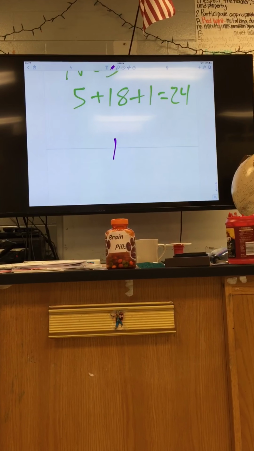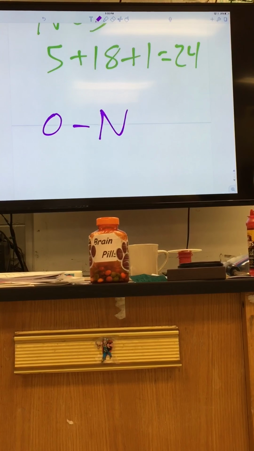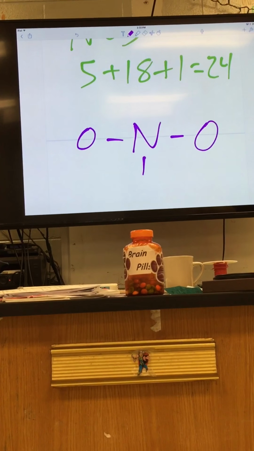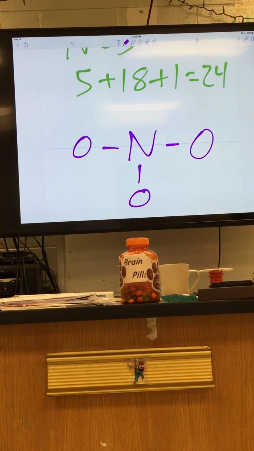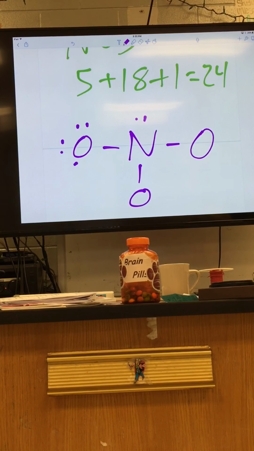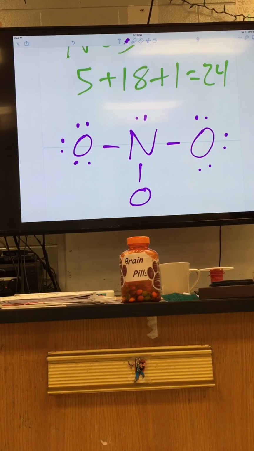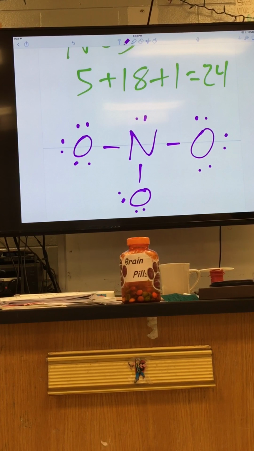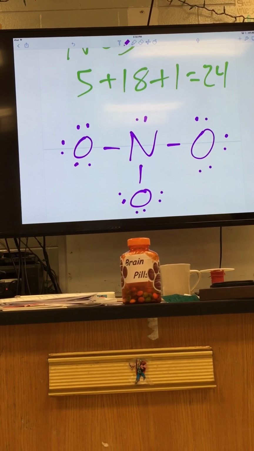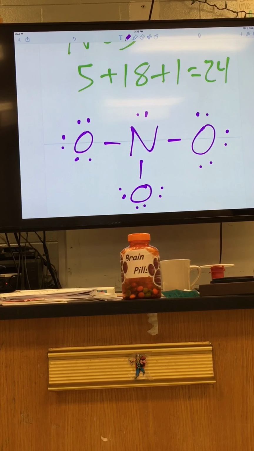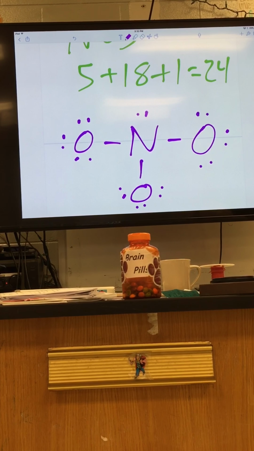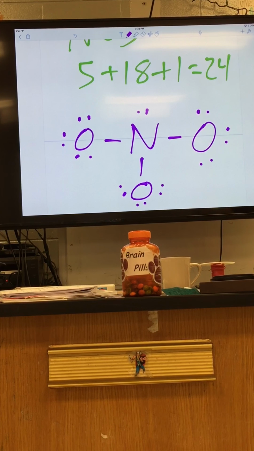And it'll look like this. We have N, we have an O over here, an O over here, and an O over here, and a double bond there, which gives that 8. And we got 2 here, 2 here, 2 here, that's 8, and so on for the others. So let's count them up. 2, 4, 6, 8, 10, 12, 14, 16, 18, 20, 22, 24, 26.